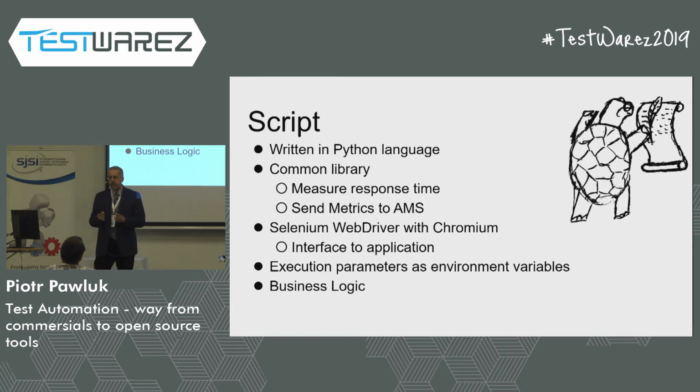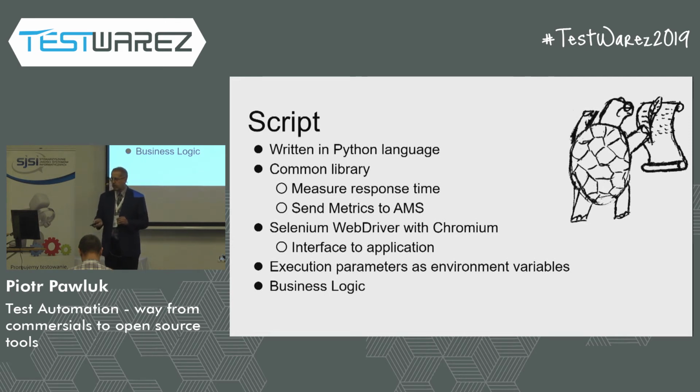Generally, the script does login and so on, and there is one common library used by all scripts. In this library there are two major functionalities: to measure response times, and to send metrics to Graphite. In fact, it was one line of code plus a Python library.